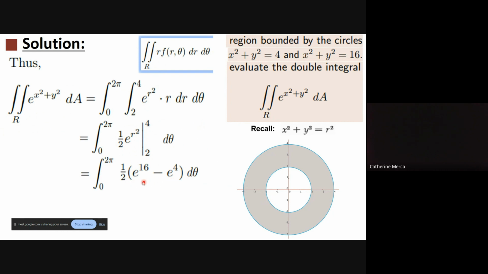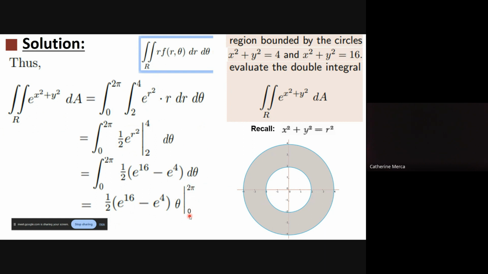And then you know how to write this because it's in terms of theta. This serves as a constant. So 1/2 of e to the 16 minus e to the 4, the integral of d theta is theta evaluated from 0 to 2 pi.